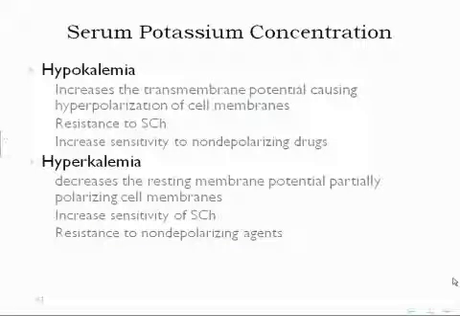In hypokalemia, you get an increase in transmembrane potential causing a hyperpolarization. Hypokalemic patients tend to be resistant to succinylcholine, but have a tremendously increased sensitivity to non-depolarizing drugs. In hyperkalemic patients, on the other hand, you have a decrease in resting membrane potential, which increases sensitivity to succinylcholine and increases resistance to non-depolarizing agents.